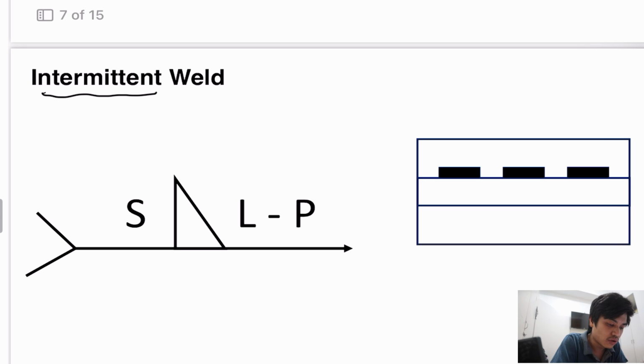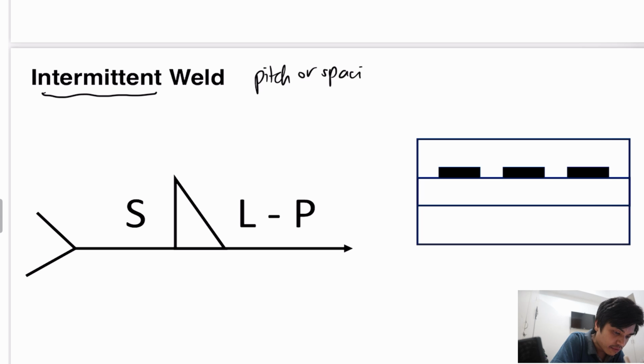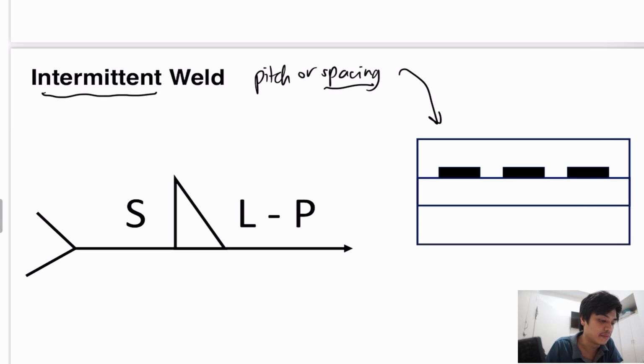Intermittent welds are those fillet welds that have a consistent pitch or spacing, just like you can see here. This is a group of fillet welds evenly spaced out. So how do you label the spacing or pitch of the weld? You put a dash on the right of the fillet weld length and indicate its pitch.